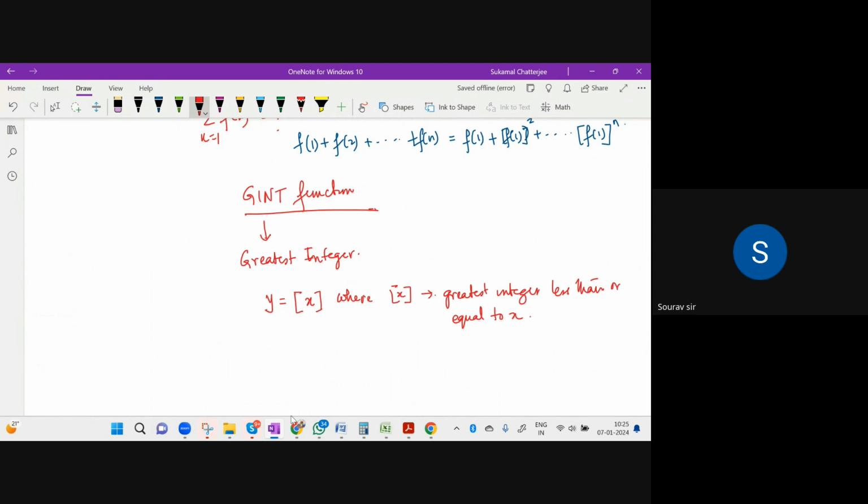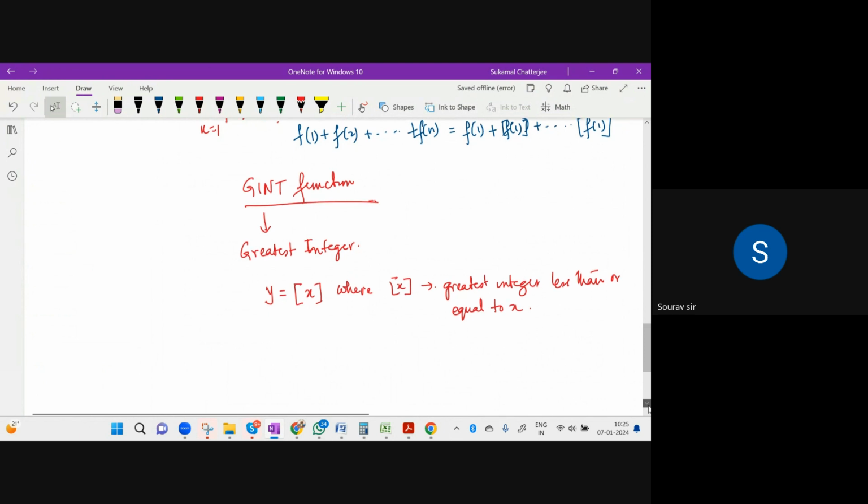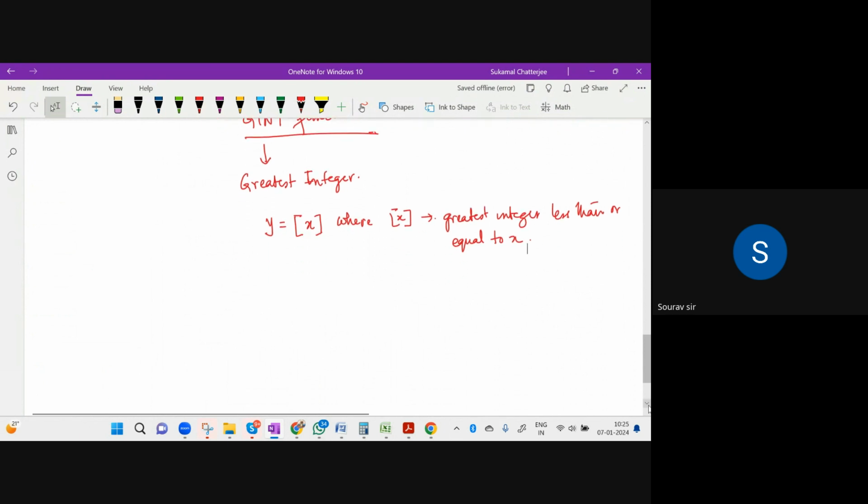Okay. Now, what will be the nature of this function? Can you tell me? Try to draw the graph of this function and tell me what the graph will look like.